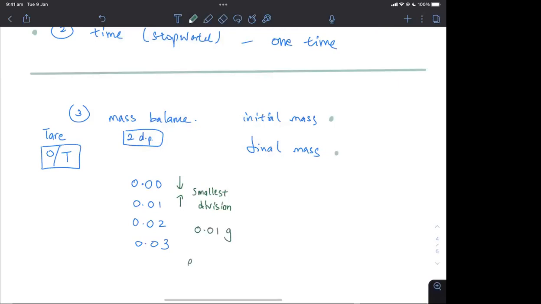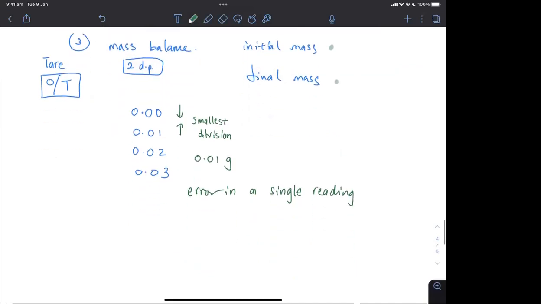So your error in a single reading: when you read the initial mass, what is going to be the error? When you read the final mass, what is going to be the error? It's going to be the smallest division divided by 2, so that will give you 0.005 gram. In lower secondary mathematics, you will have learned of upper bound and lower bound, and this is the smallest division divided by 2. I hope everyone knows how to get the error in a single reading.